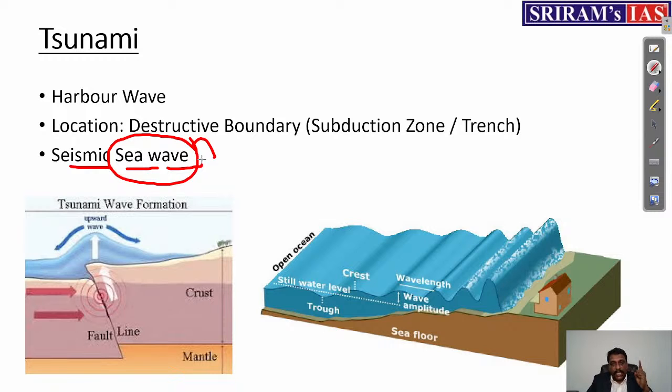And submarine earthquake means the epicenter is in the ocean floor. Three conditions. Only a strong and shallow submarine earthquake may result in tsunami, but even if three conditions are coexisting, not every time will it result in tsunami, right? If such an earthquake is happening, a very strong earthquake in the ocean floor, it may trigger a tsunami.